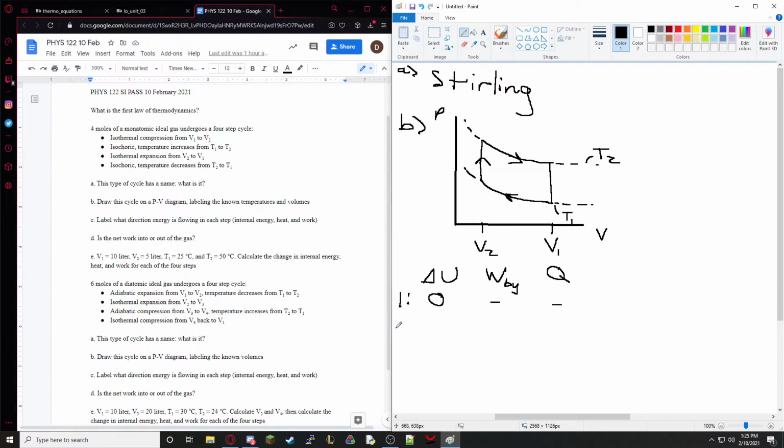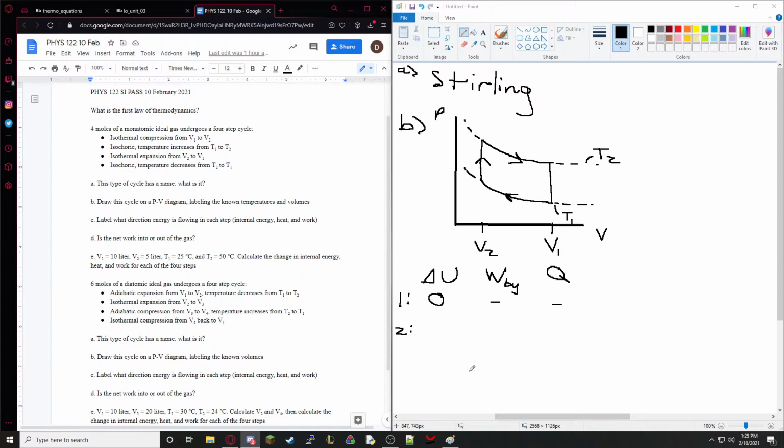All right, now for step 2. Is our change in internal energy going to be positive, negative, or 0? It's going to be positive. And does anyone else want to explain why that is? Is it because it would be the same as Q?